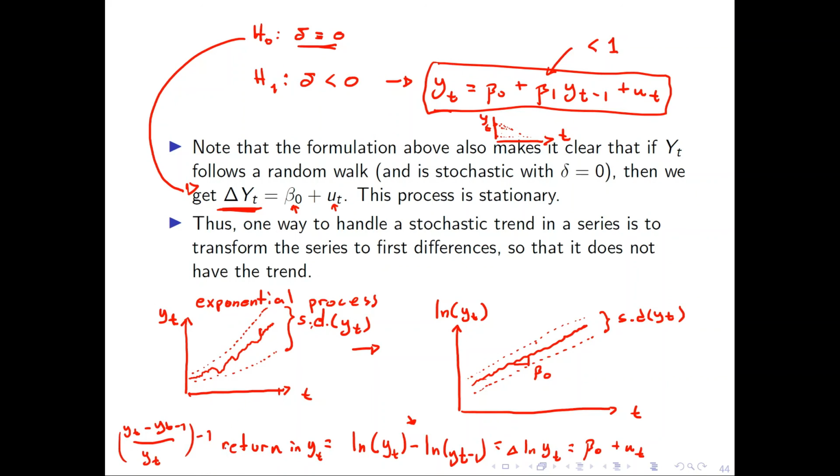So this is just the return in y if you have a lot of variation in your data. If you do not have a lot of variation in your data, then you can use this logarithmic approximation, no problem.